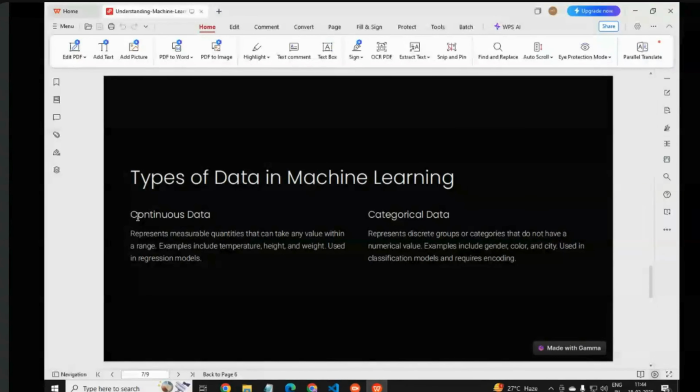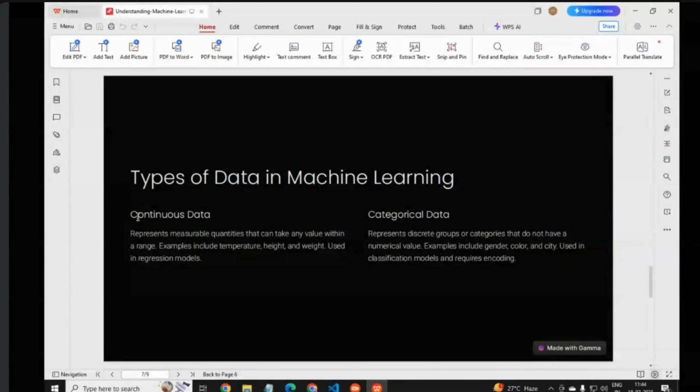It can take an infinite number of values, such as height, weight, temperature, often represented as floating point numbers in machine learning models. For example, a temperature of 36.5 degrees, 21.8 degrees. These all come under numerical data, so we call it continuous data.